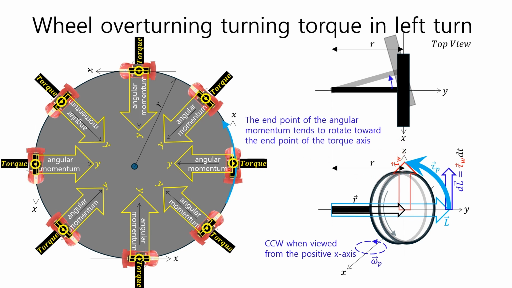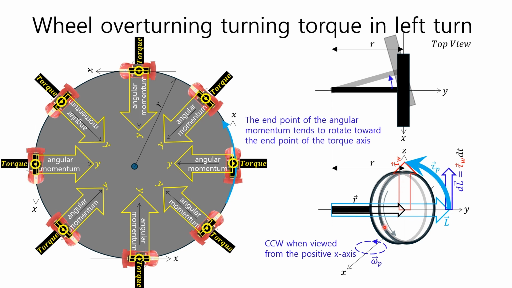The direction of angular momentum L is toward the rotation axis of the vehicle wheel, so according to the right-hand rule, it points toward the inside of the turning vehicle, that is, toward the center of the turn. Since the end point of the arrow of angular momentum always tends to rotate toward the end point of the arrow of torque, it tends to rotate about the positive x-axis.